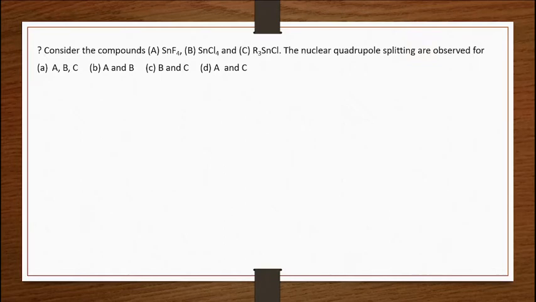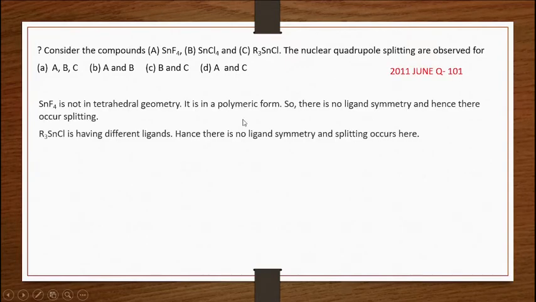So that is also forming a quadrupole splitting. So both the compounds SnF4 and R3SnCl are showing the quadrupole splitting. So option D, A and C is the right answer. This is a June 2011 question.